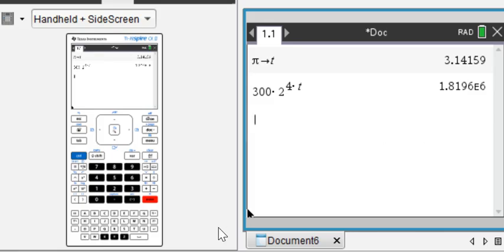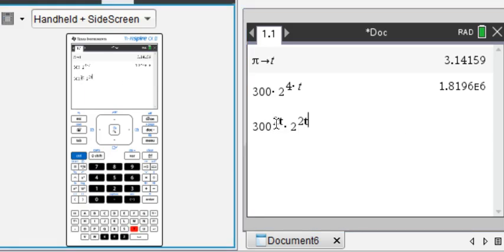So I'll start at the bottom. I've got 300 raised to the 2t power times 2 raised to the 2t power, and I get a really big number. That's much larger than my original, and obviously not the correct answer.